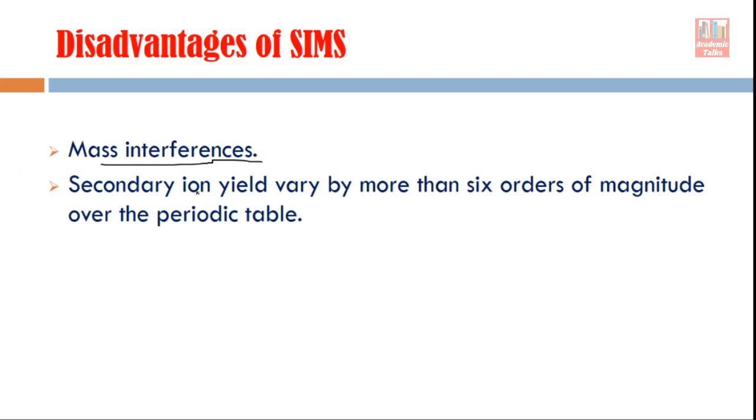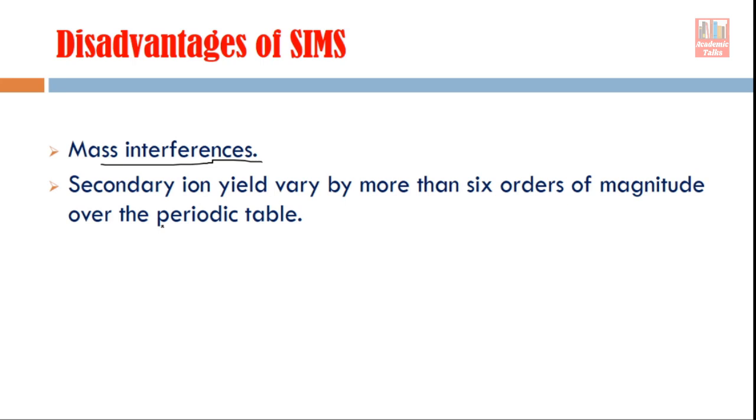Now, secondary ion yield varies by more than 6 orders of magnitude over the periodic table. If you look at the periodic table, theoretically it is possible to detect the presence of all those elements using SIMS, and not only their presence, we can have some estimate of their concentration also.